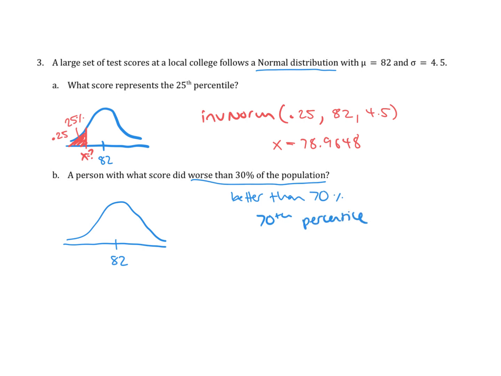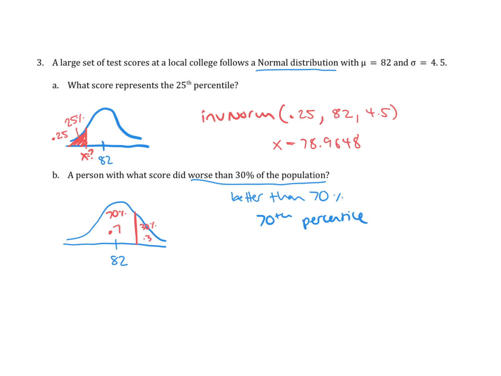So remember, a percentile is the number or the percent of people who did worse than you or are lower than you. So the 70th percentile maybe would be somewhere up here where this part is 70% or an area of 0.7. And this part right here would be 30% or 0.3.